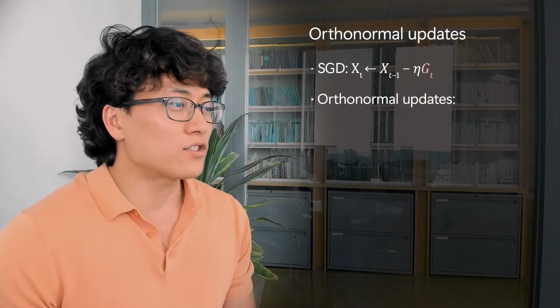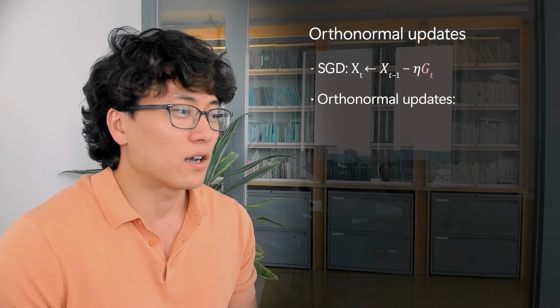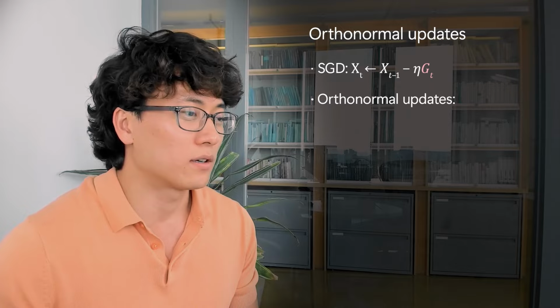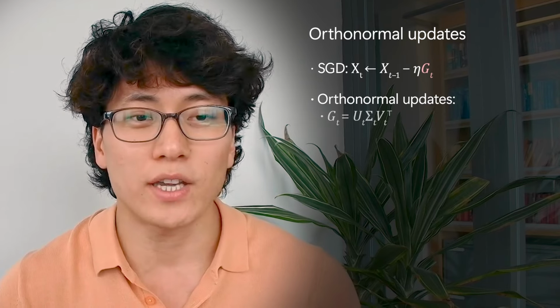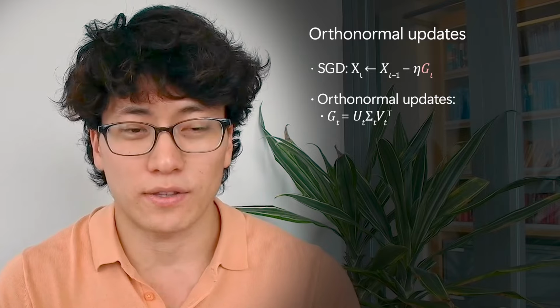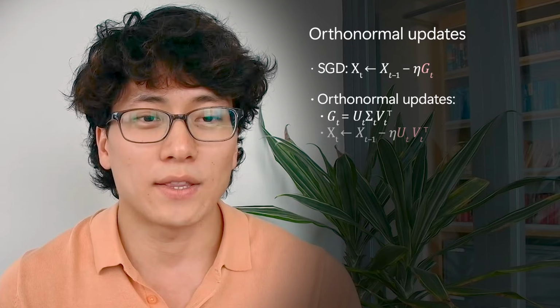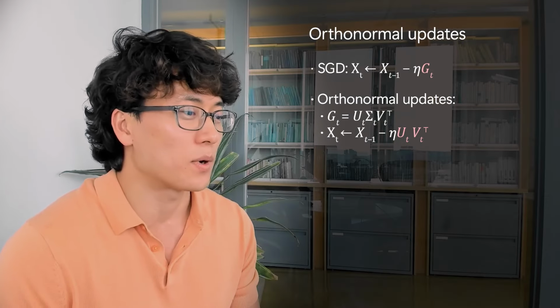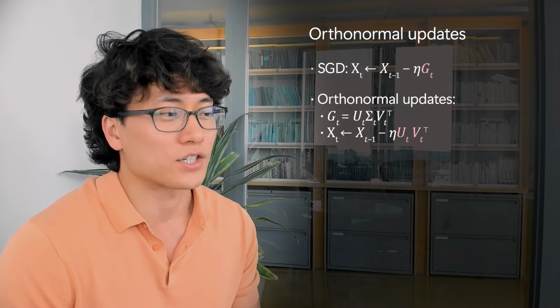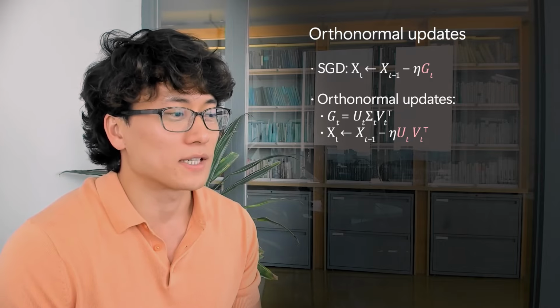In contrast to standard SGD, orthonormal updates do the following. We first take the G_t matrix and singular value decompose it into U sigma V transpose, and only take UV transpose as the update direction for this optimizer step.